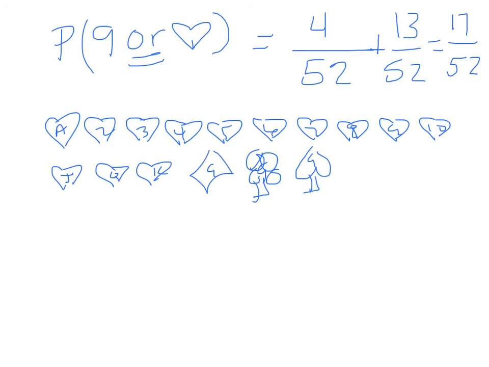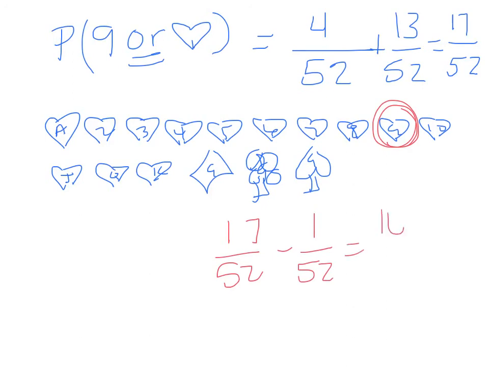That does not equal 17 because it's important to know that you already counted the 9 of hearts when you counted the hearts. So now we have to subtract off one duplicate because the 9 of hearts is both, and we get 16 out of 52, which is the correct answer.